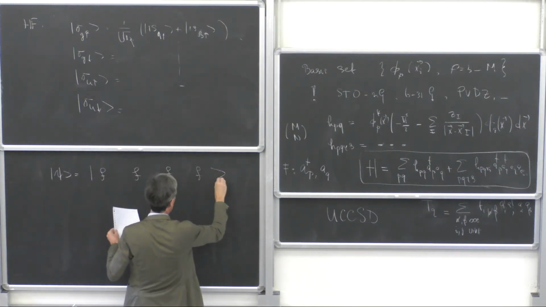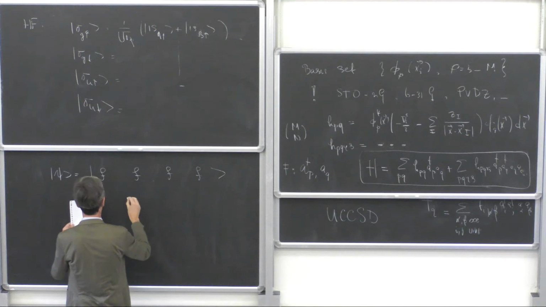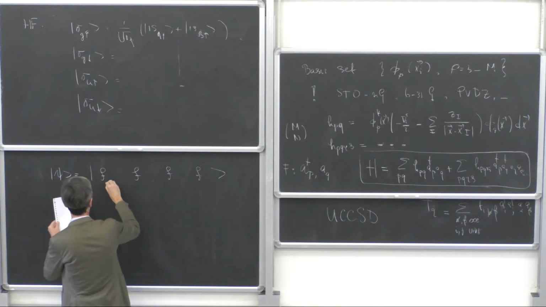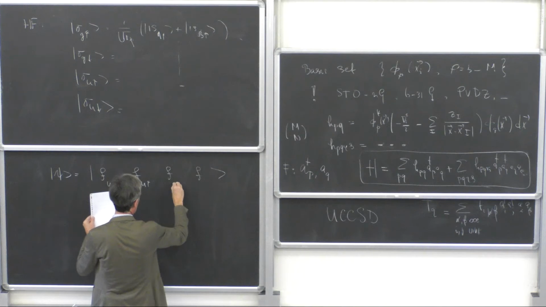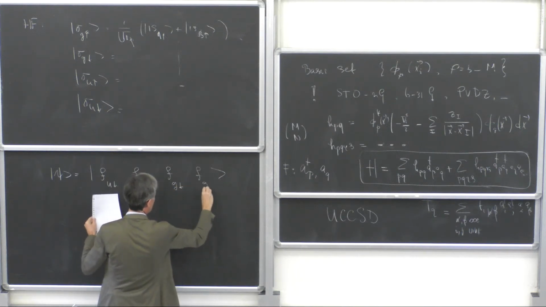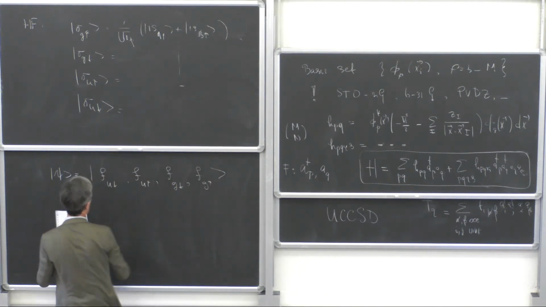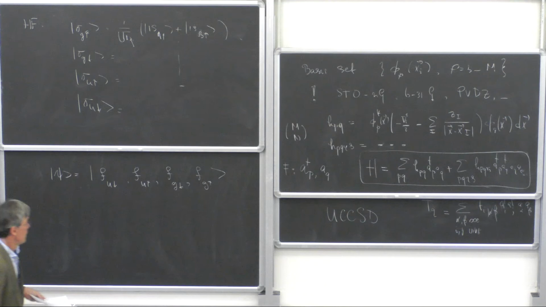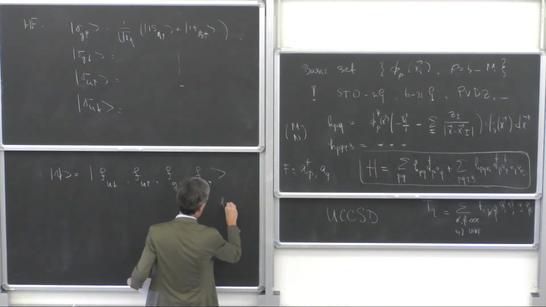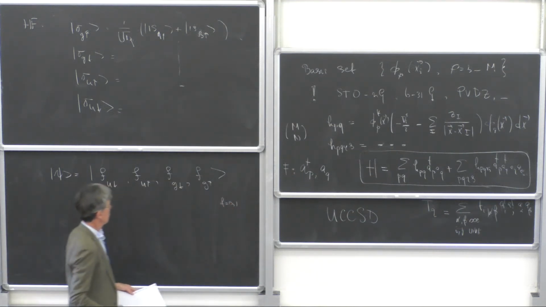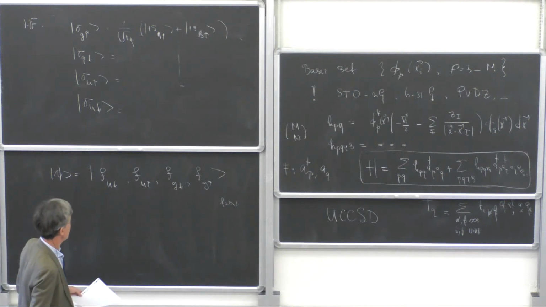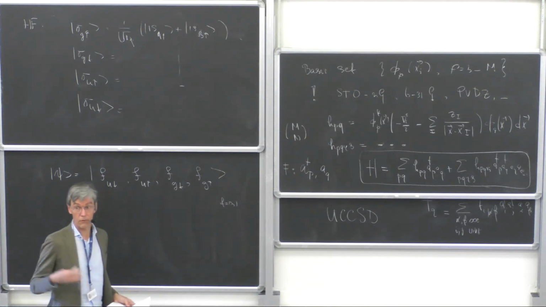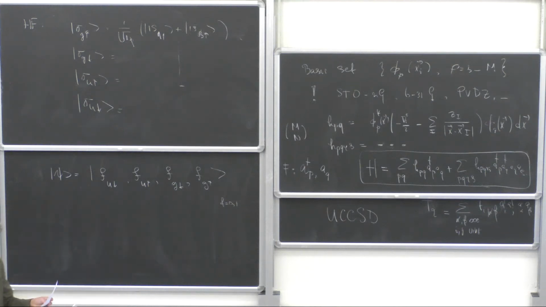I have to choose an order: here I put the ungerade down, here the ungerade up, here the gerade down and the gerade up. These f's are all 0 or 1, clearly. This gives me 16 dimensions, but if I insist on 2 electrons, it's only 6 dimensions, because I can arrange 6 things.